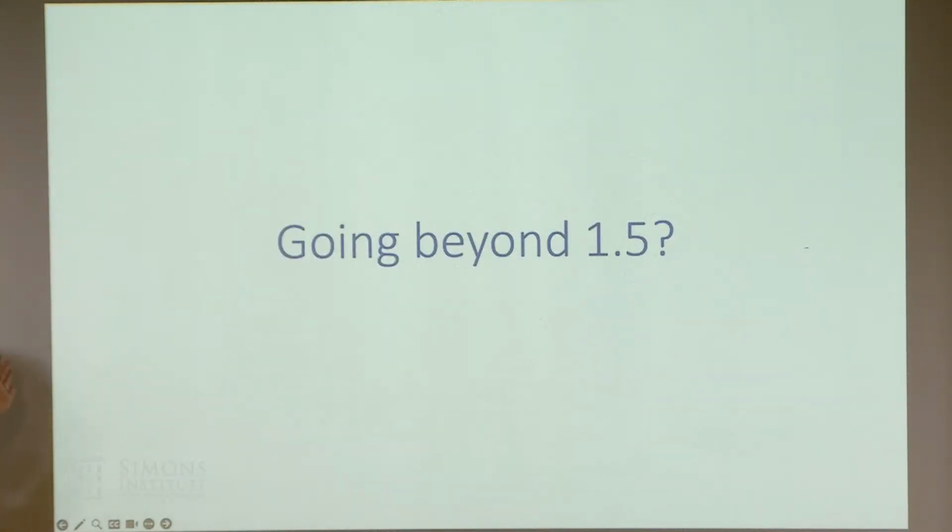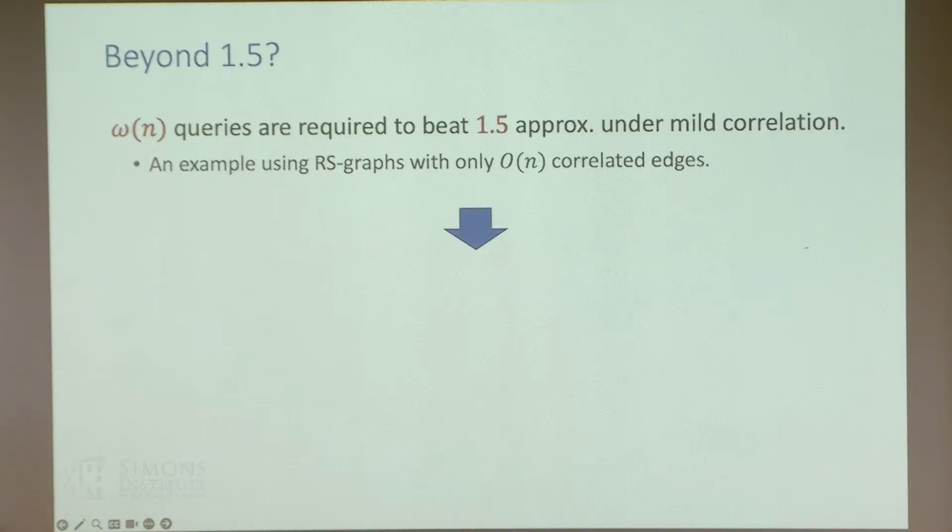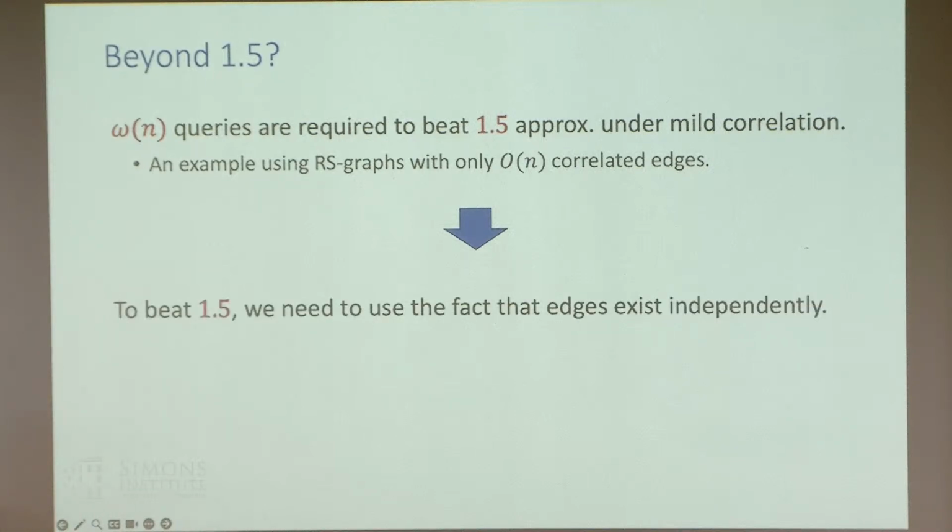I'm not going to talk more about the analysis, but let me briefly tell you what I think about going beyond 1.5. As I mentioned, we show that if there is mild correlation between the existence of edges, to go beyond 1.5, the dependence on n cannot be linear, O of n over p.